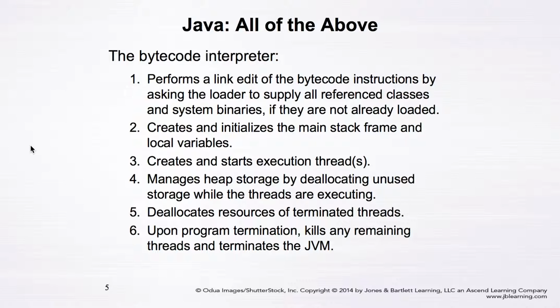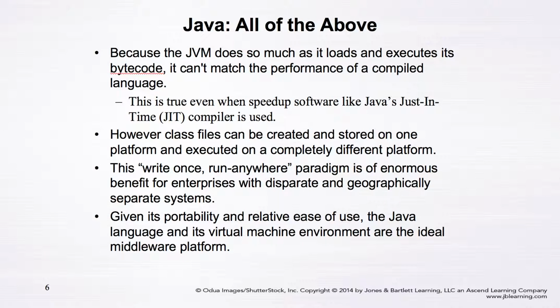The next one is to deallocate the resources of terminated threads. In this case, the resources are freed, and other programs and other processes can use them as resources. And the last one is, upon program termination, to kill any remaining threads and terminate the Java Virtual Machine. So that's basically the 6 steps of the bytecode interpreter.